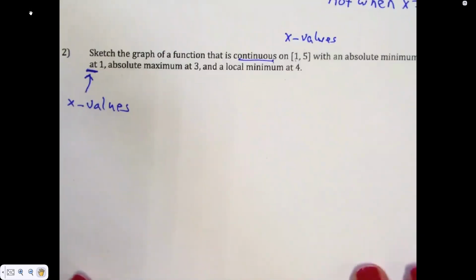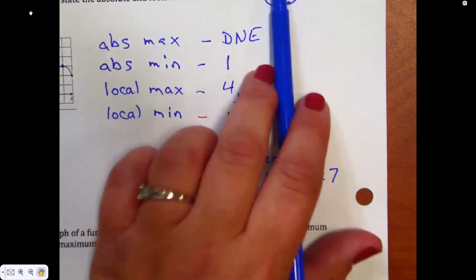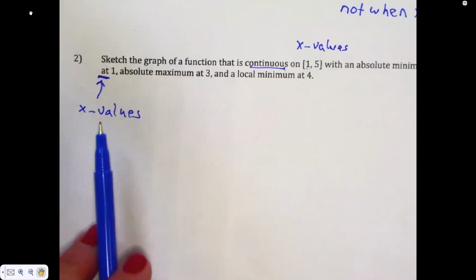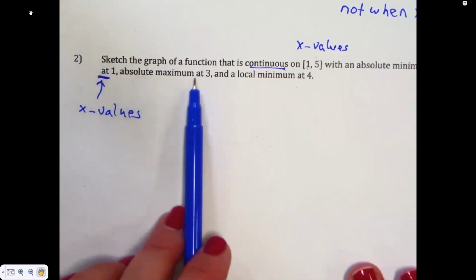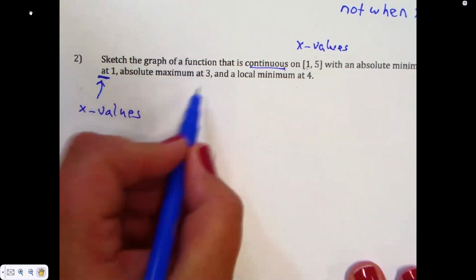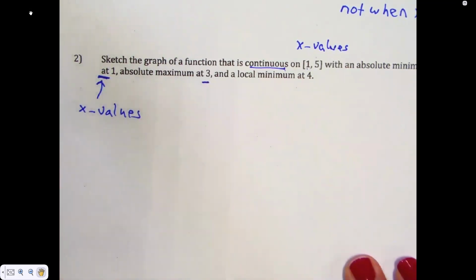All right. So if they just say the word values, they're talking Y. If they say at, then that's an X value. So that's a little crazy. And then an absolute max at 3, so that's an X value of 3, and a local min at 4.